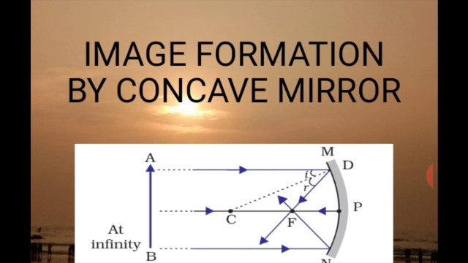An example for this is when you focus a concave mirror towards the sun, an object located at infinity, the light rays are coming parallel to each other, and if you place a paper at the focus of the concave mirror, then you will be able to see a small bright spot.